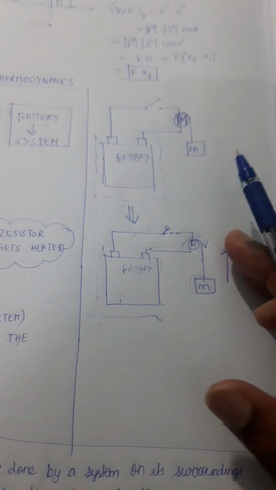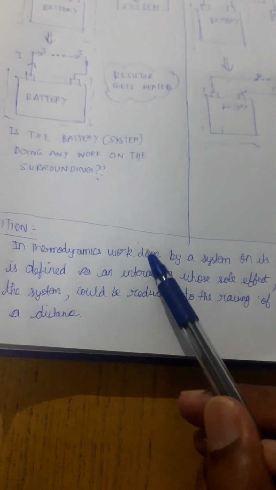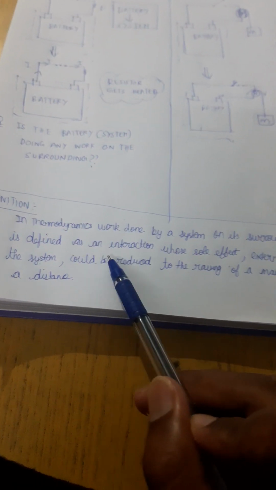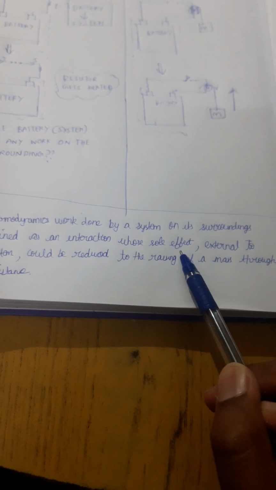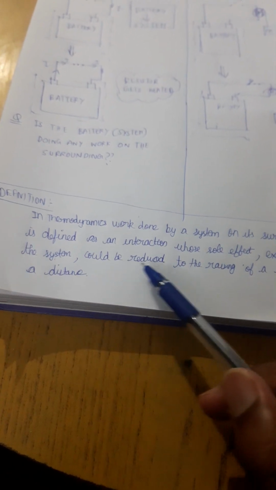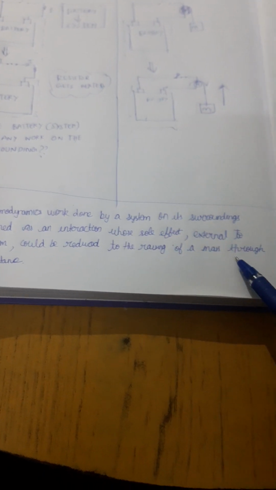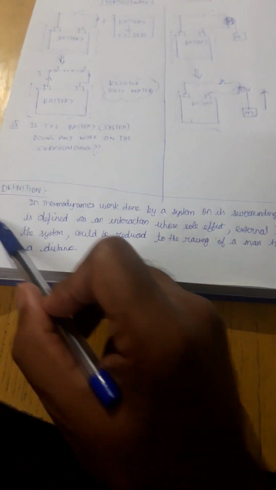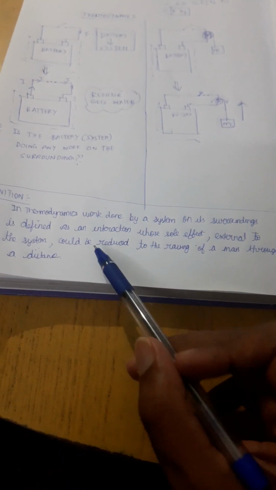Now let's go to the definition. In thermodynamics, work done by a system on its surroundings is defined as an interaction whose sole effect external to the system could be reduced to the raising of a mass through a distance. Let us understand this definition more deeply.